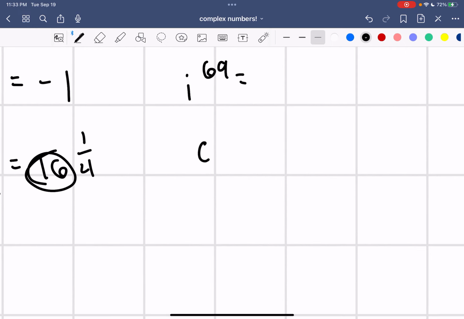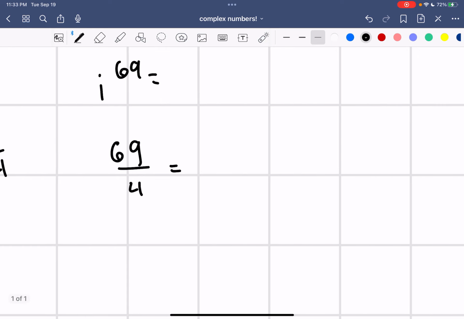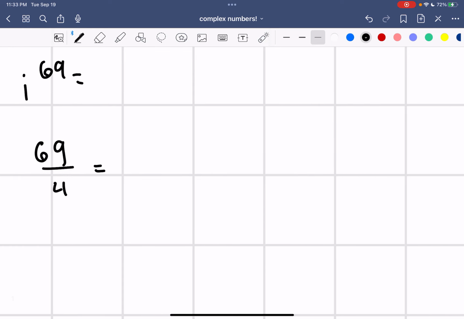So we would just have to find the remainder of 69 divided by 4, which I kind of don't know. 13 times 4, 14 times 4. Oh shoot, oops.